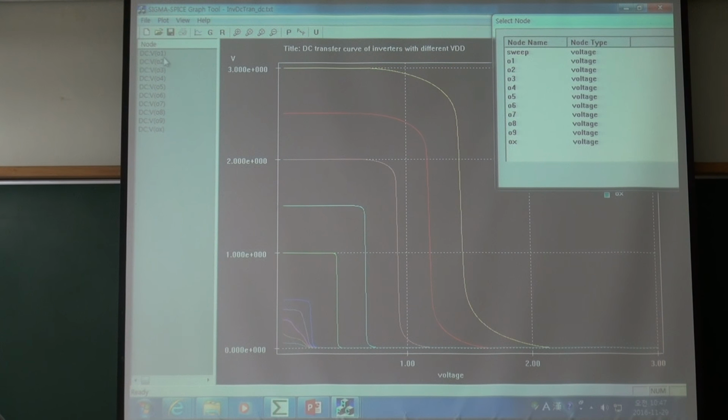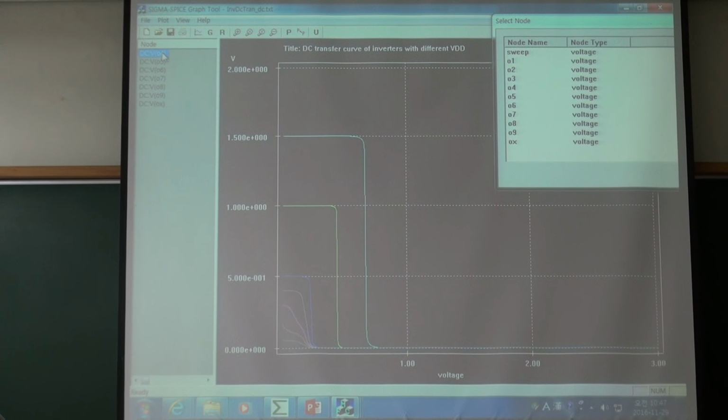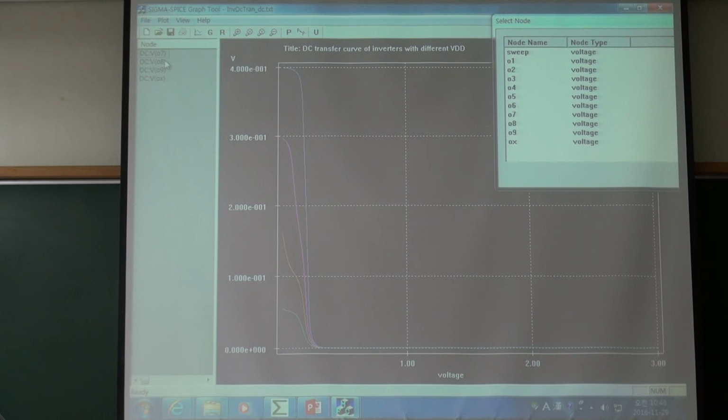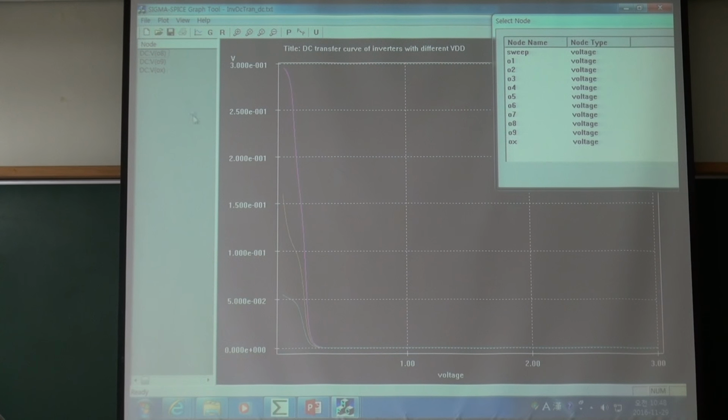Say if I eliminate those, 3 volt is eliminated, 2.5, 2, 1.5 volt eliminated, 1 volt eliminated. I have very large gain, right? This is 0.5, 0.5 looks okay, and 0.4 still looks okay. 0.3 not so good.